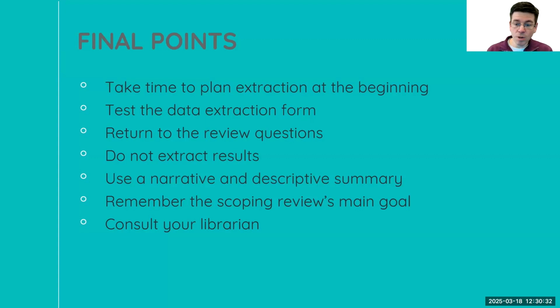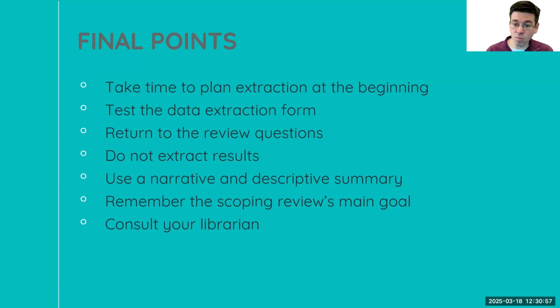Producing a scoping review is not something that will happen overnight. It's definitely a planned out process that will take time. It can vary, depending on resources available, but also on the extent of the literature. If you start off with a search with 1,000 results, you might get a review done in a few months, or even a few weeks if you're really focused and devoted to that project.